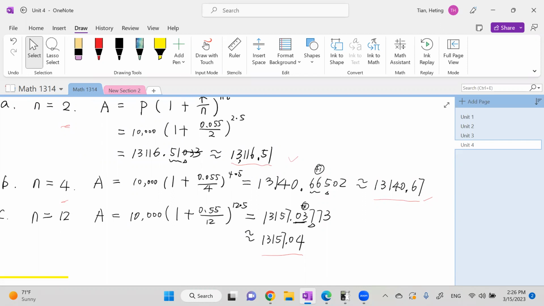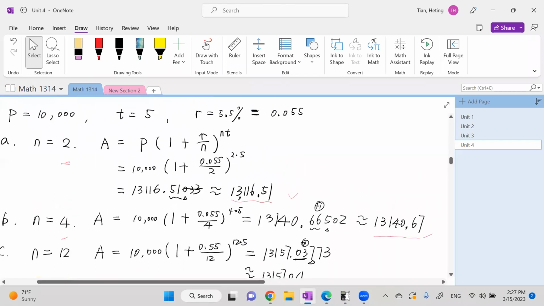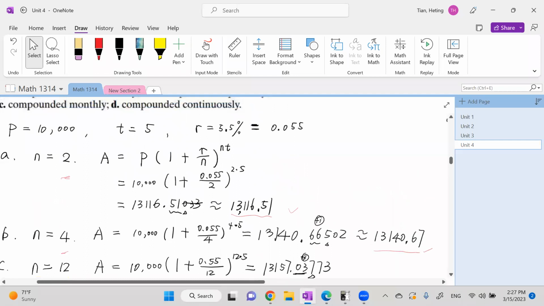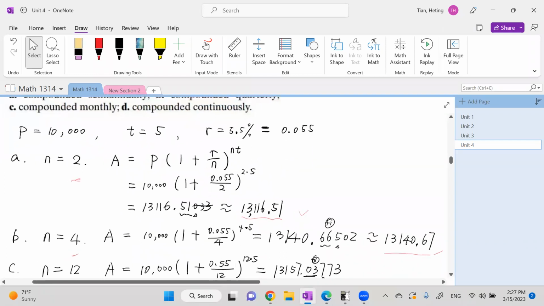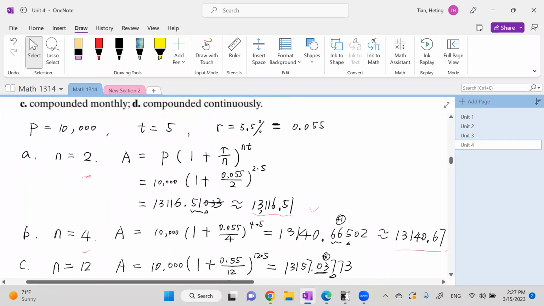So communicate with your bank if you owe money to the bank. Discuss what is your compounding. How many times do they compound a year? If they compound continuously, well, you lose a lot of money, but you can pay quickly, so you don't need to pay a lot of money.